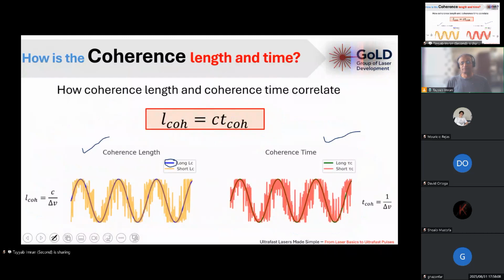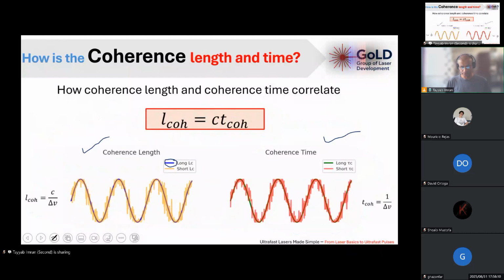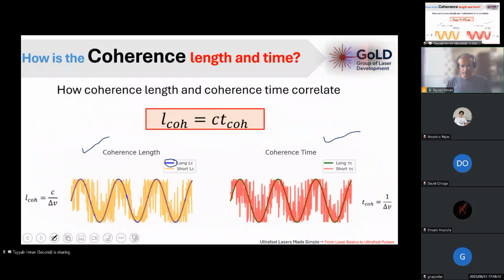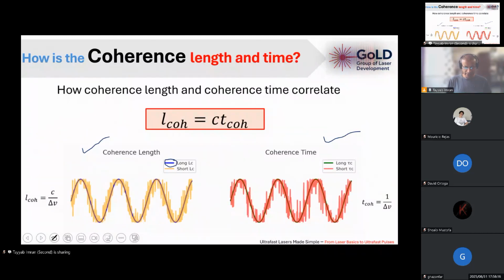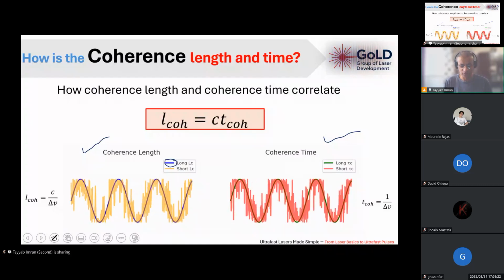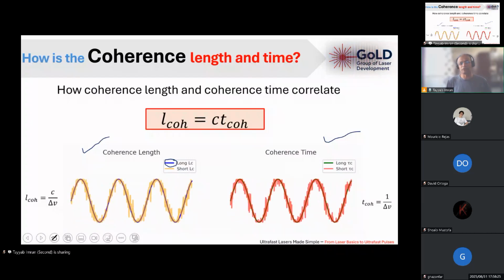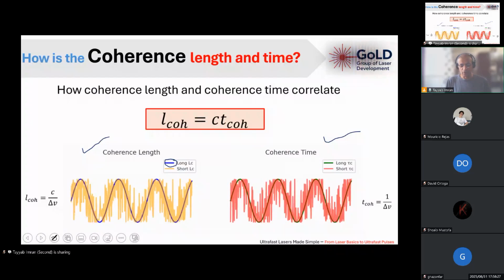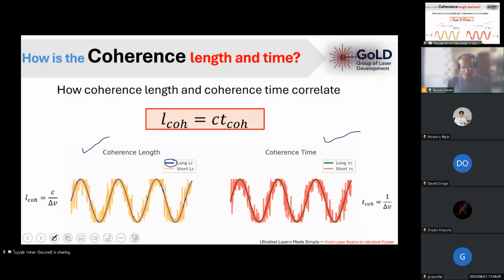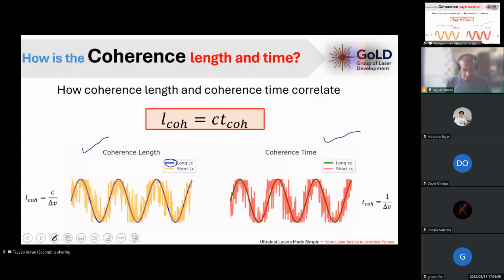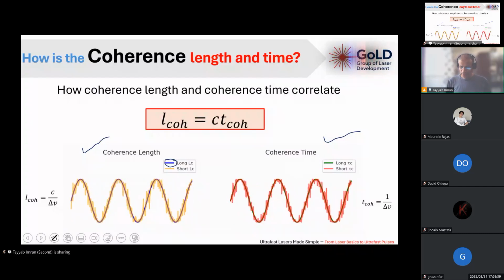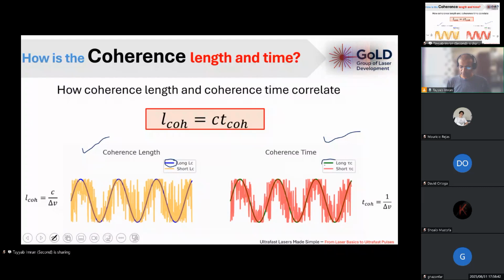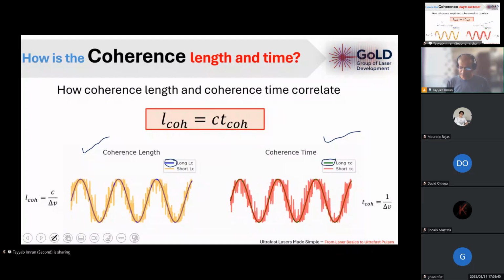If there is coherence, we can see a red one. If the coherence length is very long, somehow you can say. But if the coherence length is short or very short or almost no coherence, then you can see this mustard or yellow portion, randomly moving. And on this side, the green one is a long temporal coherence, and this red one is short or almost no coherence.